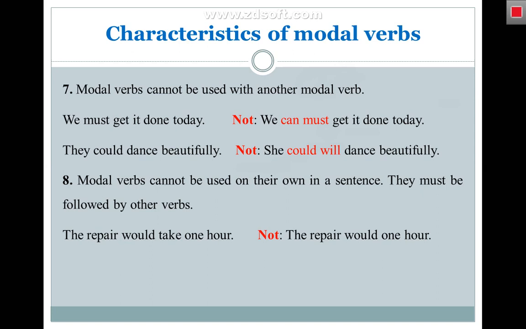You cannot say "can must". Notice, two verbs one after another is not allowed. They could dance beautifully, not "she could will dance beautifully". You can give an example: I can watch TV. You cannot say "I can will watch TV". You can either say "I can watch TV" or "I will watch TV".